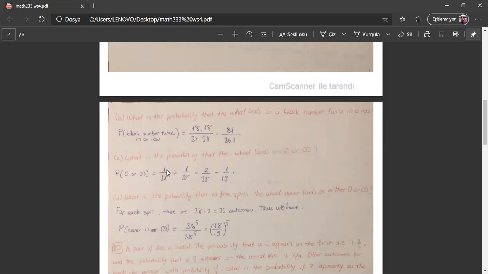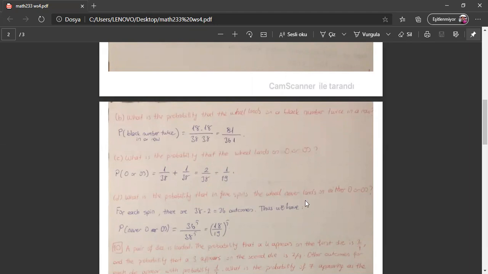We have only one 0 on the wheel, so we have 1/38, plus again we have only one 00, so we have 1/38 again. Thus we add them and we have this probability.